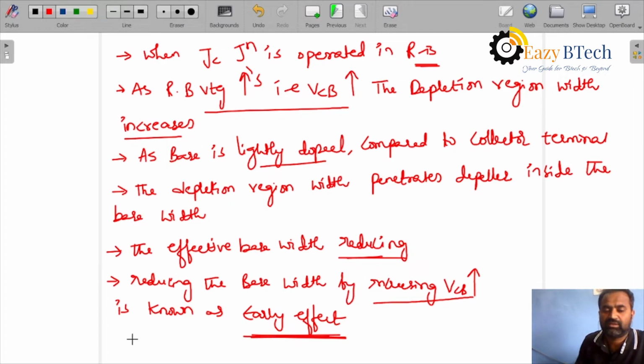The other name of early effect is base width modulation.